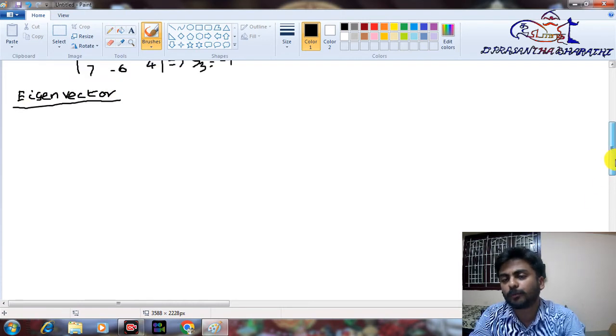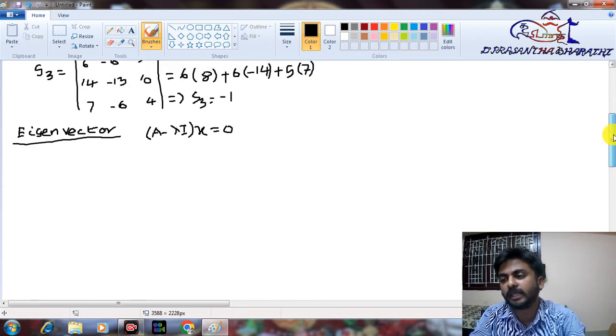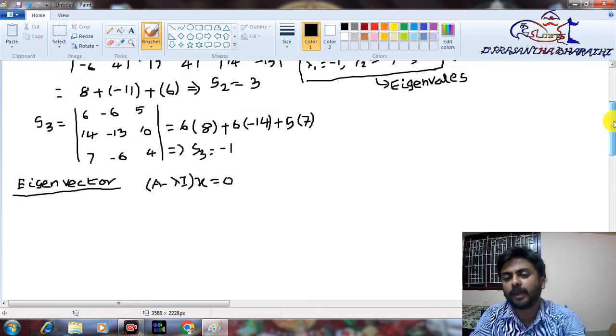So in order to find the eigenvector, we consider A minus lambda I into x equal to 0. This is our equation. As a result of this equation, we will have the eigenvector.